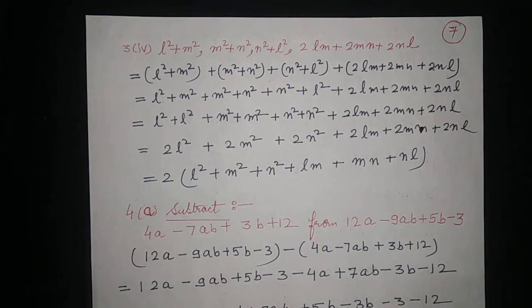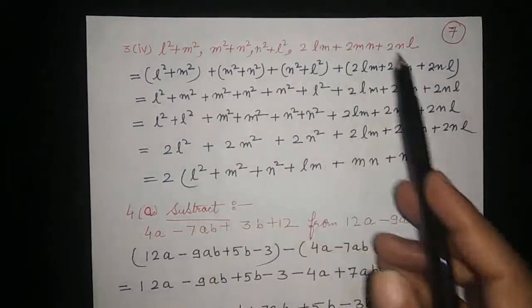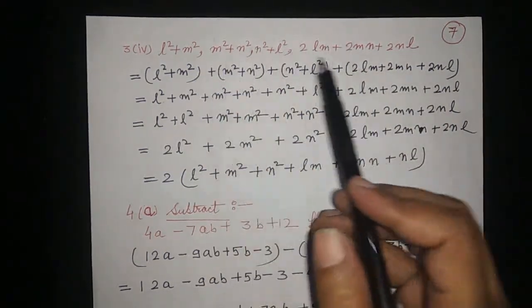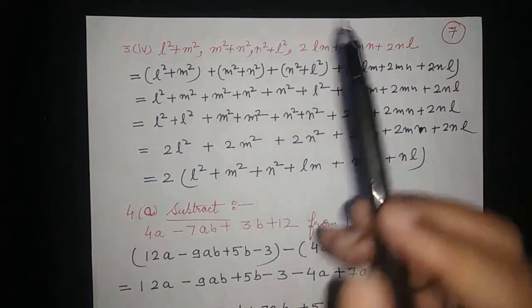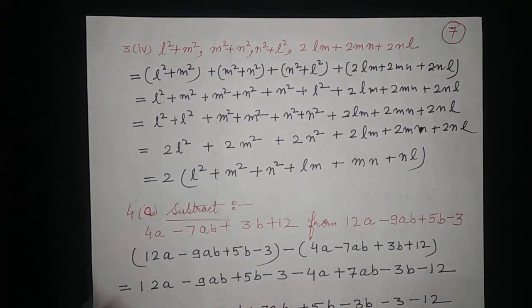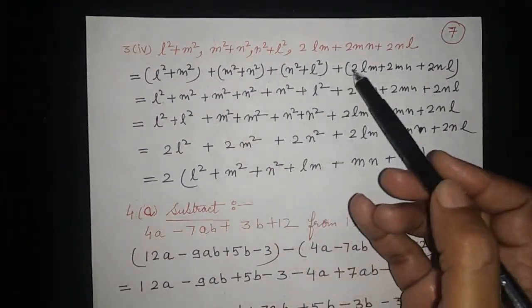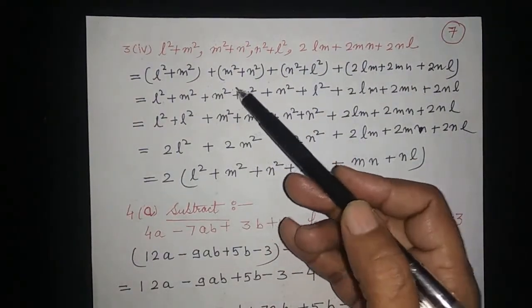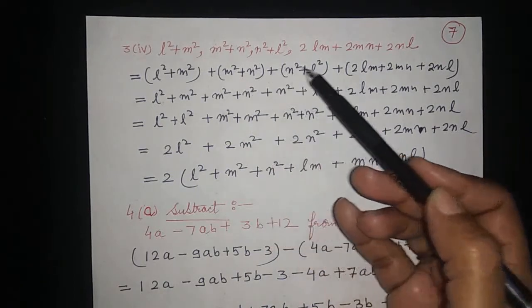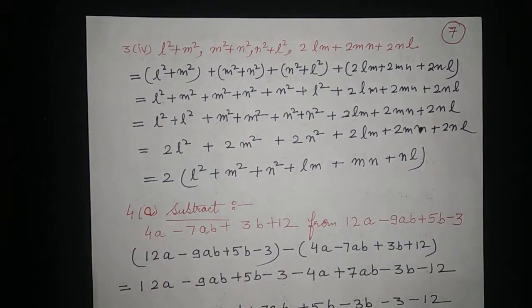First we will write each expression in the bracket and with the plus sign. And after this step we will not put the bracket and any change will not come in the sign because outside the bracket plus sign is there.